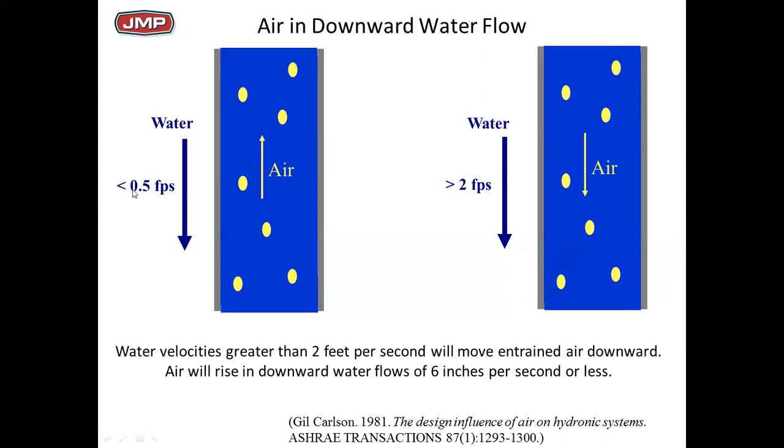If we have less than a half foot per second, then the water can be flowing down, but the air bubbles will still rise, and you won't be able to control them and bring them back to a point where they can be controlled, removed, or eliminated. So that's what this slide is about. This is an important point, and you should memorize this 2 feet per second.